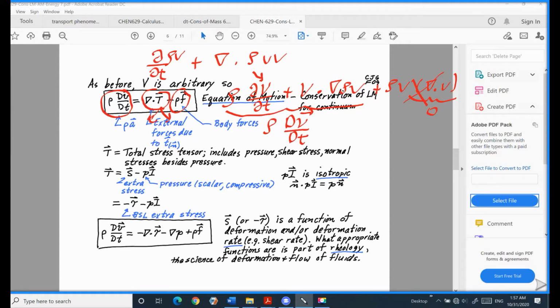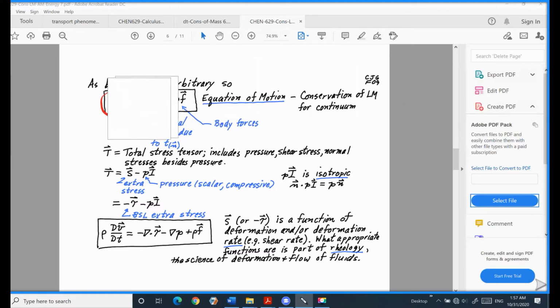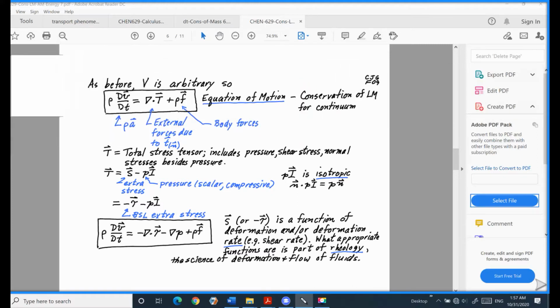Okay, now let's continue here. Then what we get from here, you see, this stress tensor can be defined by this formula. This formula comes from BSL, from the first chapter.